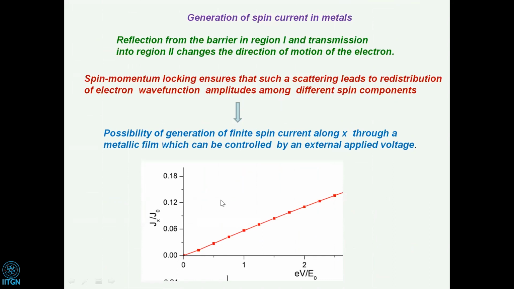And what one can show is that there is a Jx or a spin current in response to an applied voltage. So essentially this allows us to generate a finite spin current along X, and also that the magnitude of the spin current can be controlled by an external voltage. So this shows us that the Dirac electrons on the surface of a topological insulator, because of strong spin orbit coupling, allow us to do many things which are useful for applications.